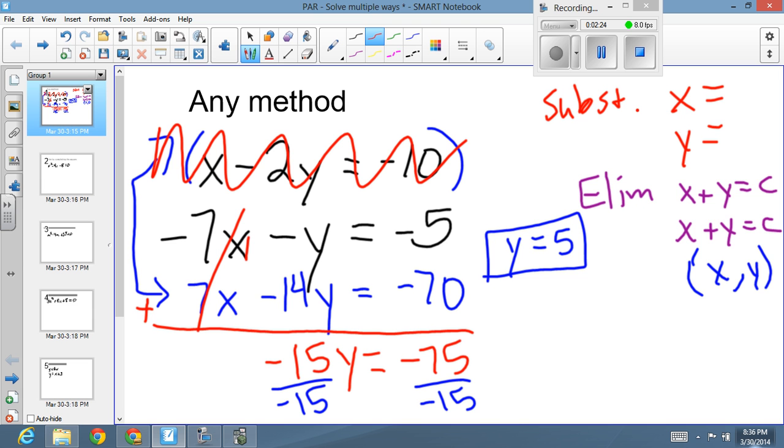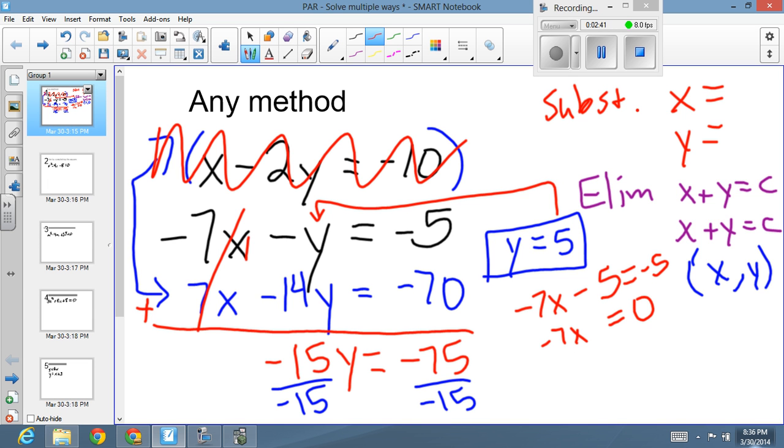I can plug it back into either one. Let's say I plug it back in here to the first one. I have negative 7x minus 5 equals negative 5. So negative 7x equals, if I add 5 to both sides, I get 0. So x equals 0. So my ordered pair is 0, 5.